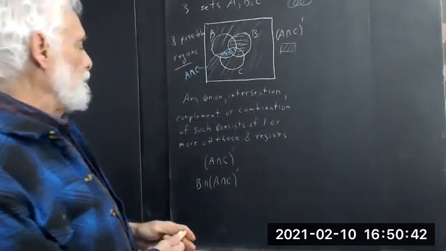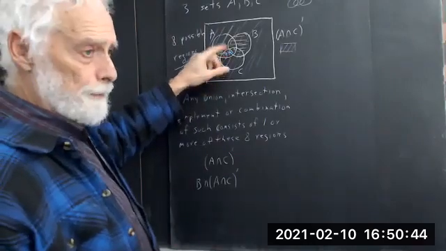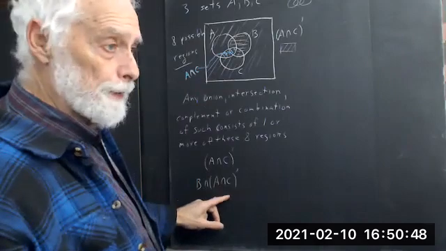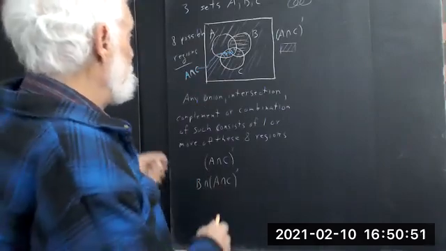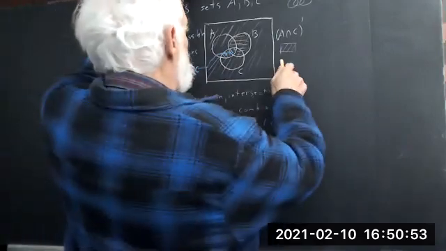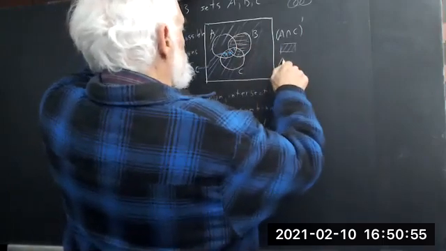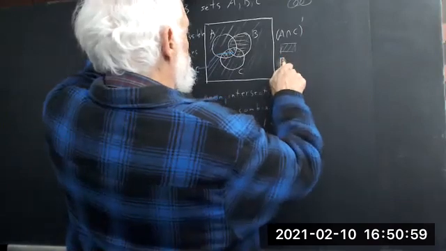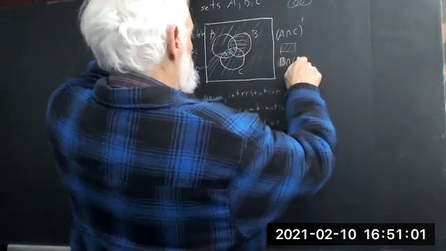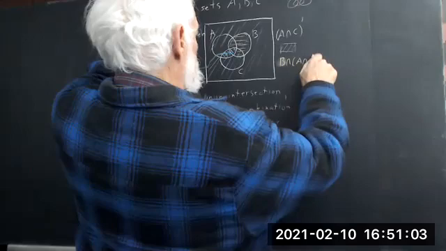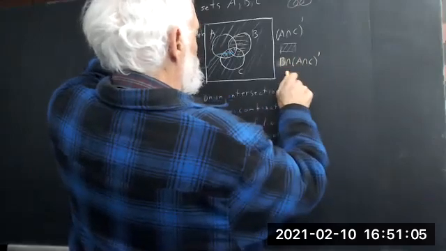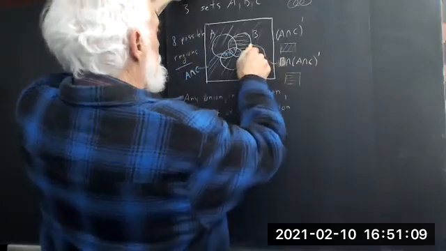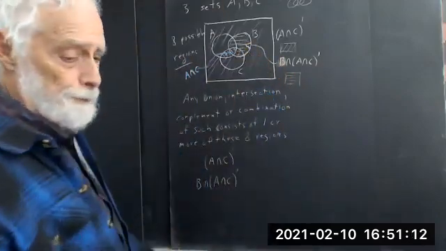Again, to analyze it, start with A intersection C, shade A intersection C prime, and then see where B overlaps A intersection C prime. And shade it like this, and right there it is.